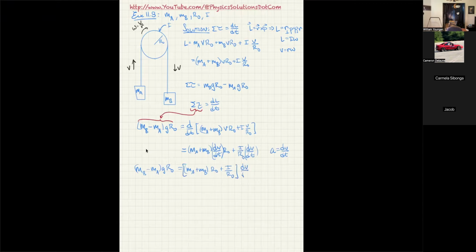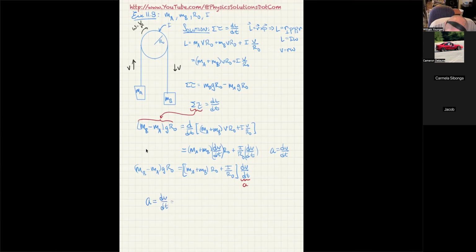In other words, I just factored out the common term of dv dt, which is our acceleration. Let me go ahead and write that accordingly. So dv dt, and what I'm saying is this quantity is going to be a, so I can solve for a. And when I solve for a, I'm going to get a is equal to, as I said, dv dt.